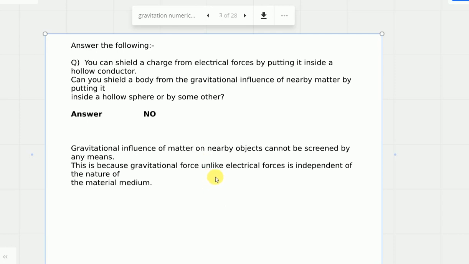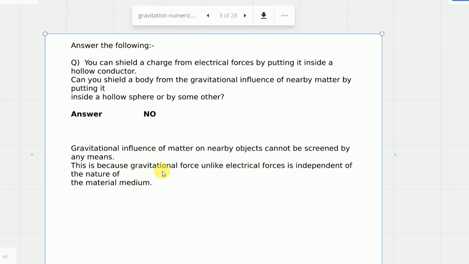The electrical force between two charged objects is directly proportional to the product of the magnitudes of the charges, and inversely proportional to the square of the distance between them. Similar to gravitation, there is a constant k, which is equal to 1 by 4 pi epsilon, where epsilon depends on the nature of the medium.